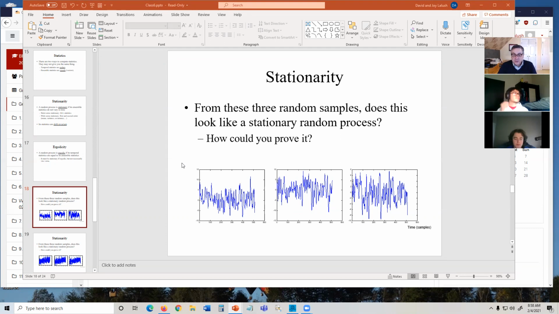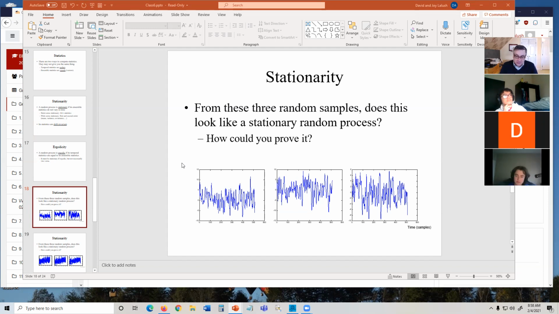Does anyone want to give their reasoning on why you think it looks non-stationary? I was looking at the end behavior of each of the signals, and the first and third one have similar, but the second one's different.